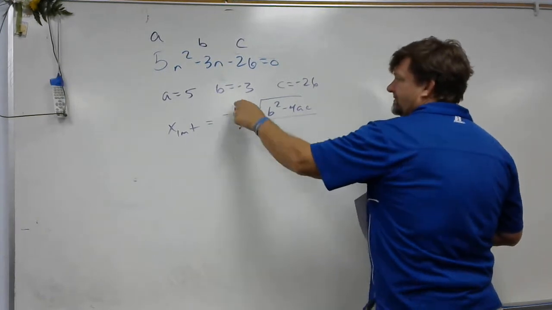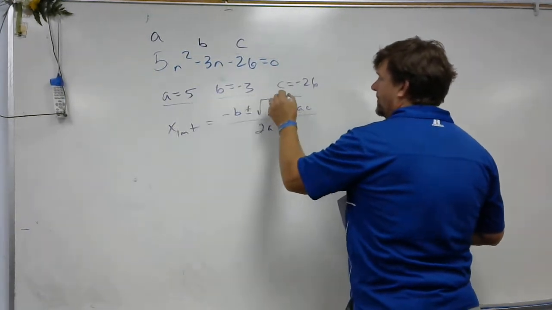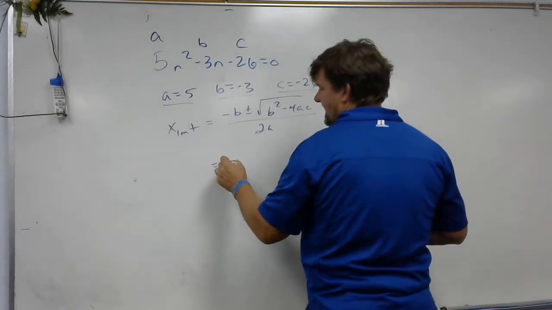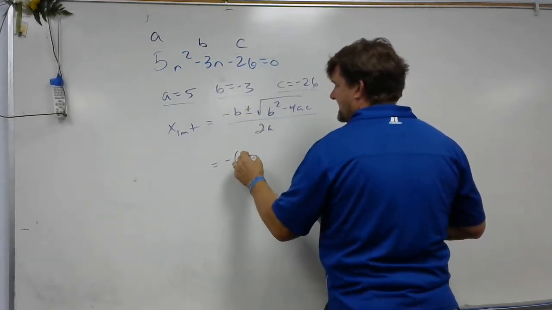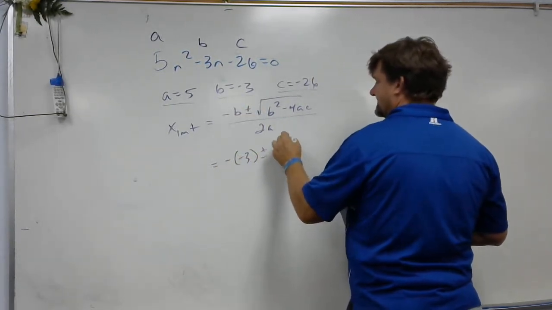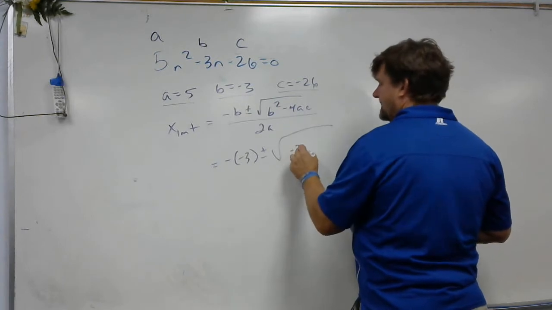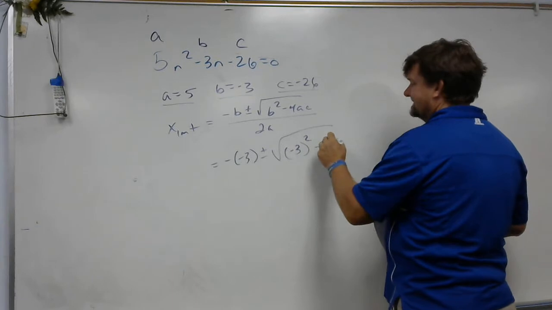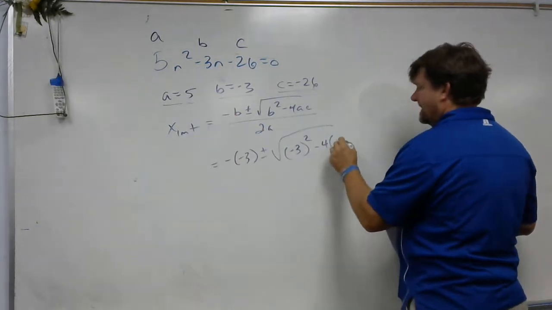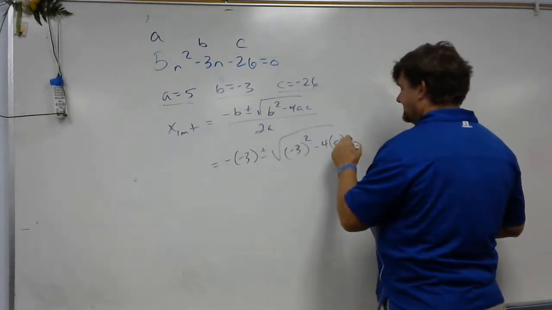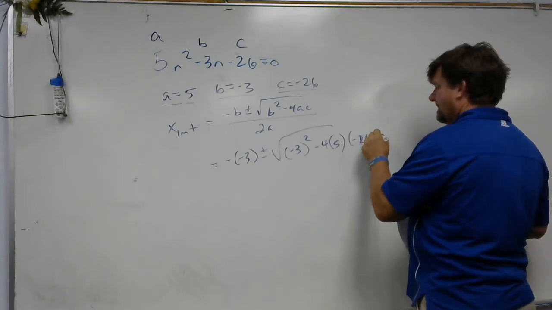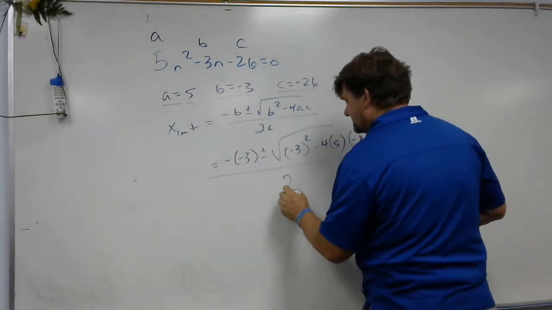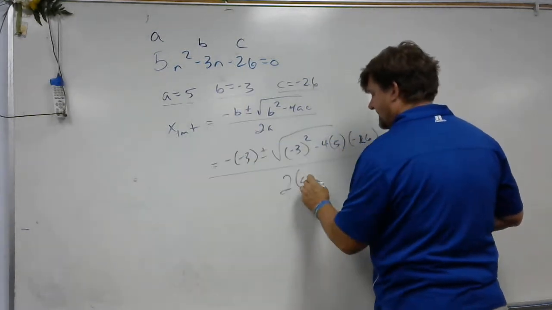That is what you use to plug these bad boys into it. So we get negative B plus or minus the square root of B squared minus 4 times A times C, all over 2 times A.